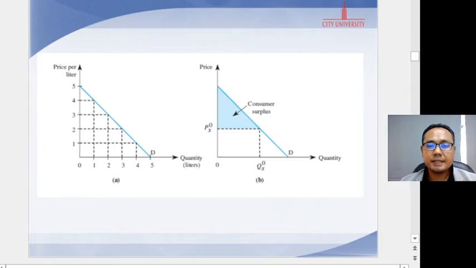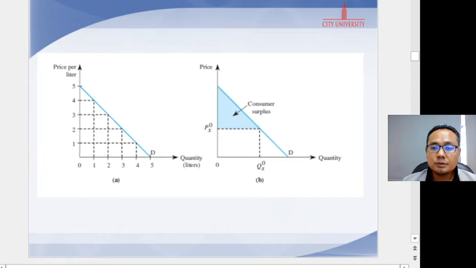For instance, the shaded triangle in graph B illustrates the consumer surplus of a consumer who buys quantity Q0 units at price P0.